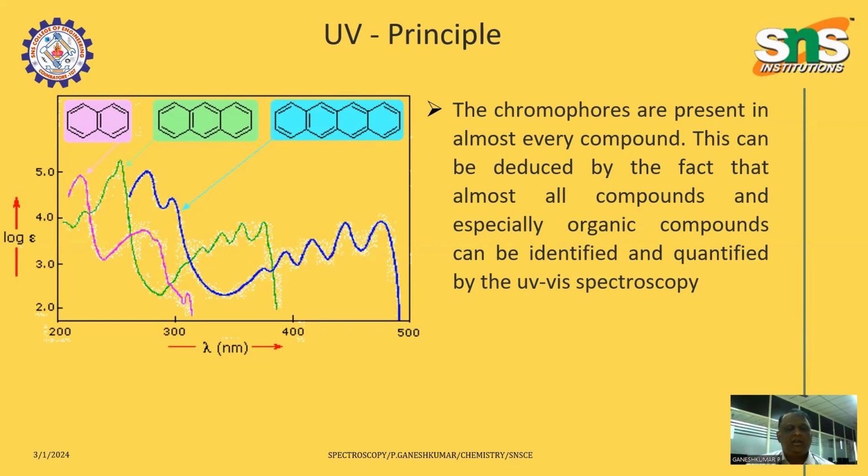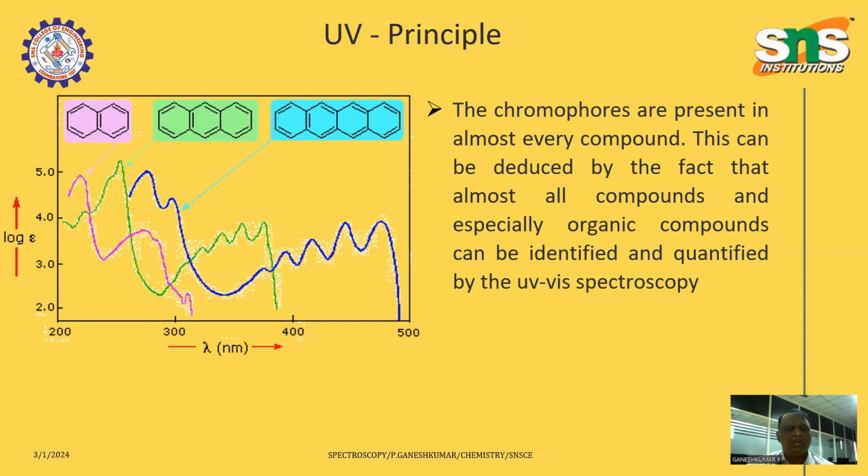And the next one, anthracene, has 7, and in the next one it increases. So when the number of conjugations increases, the absorption wavelength region also increases. You see, for the first one, the violet line, it is around 220 nanometers wavelength of maximum absorption. For the green one, it increases to around 240 or 250.